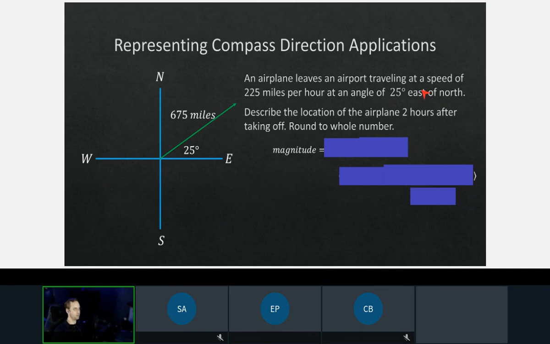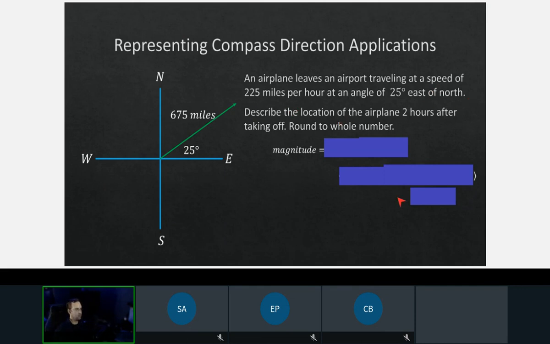Anyway, I'm pretty sure that should be north of east, not east of north. And if it is east of north, it means that 25 degrees should actually be here and not here based on this notation, but I'll double check and let you know tomorrow. But anyway, let's go on with the problem like it's written right.